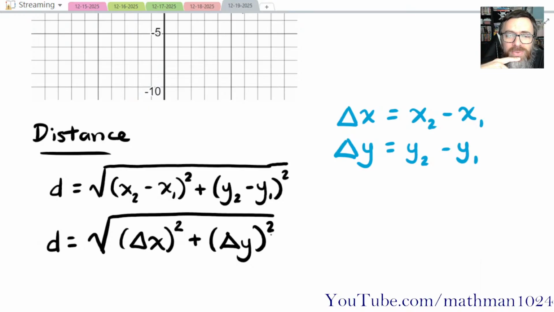But for the distance formula, it doesn't really matter. So what I focus on is just trying to find the difference between them. I don't care if it's positive or negative, I just want to find the distance between them, because I'm going to be squaring it in the formula. And when I square it, if it's negative, it's going to make it positive. If it's positive, it's still going to be positive.